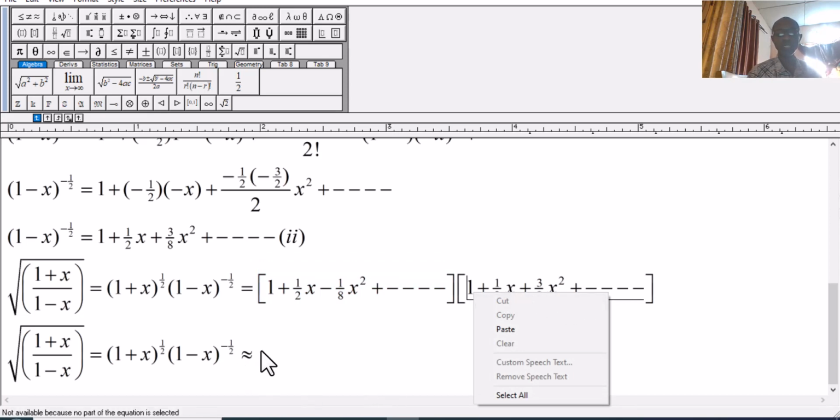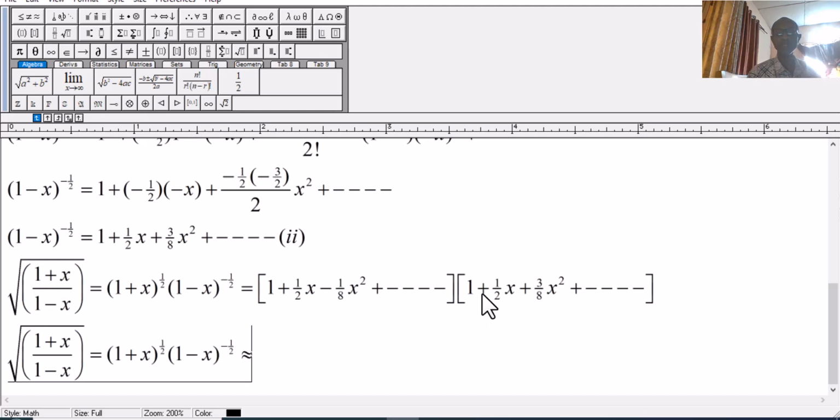So we are going to start now. 1 times this will give us 1. 1 times half x, that will give us half x, then 1 times 3 over 8 x squared, that will give us 3 over 8 x squared. So we have that.